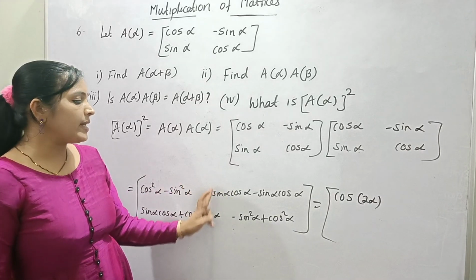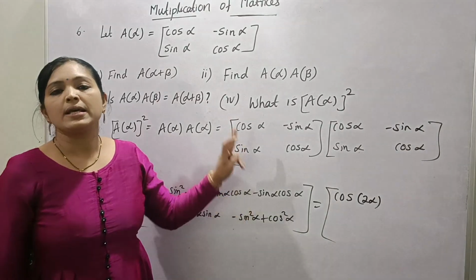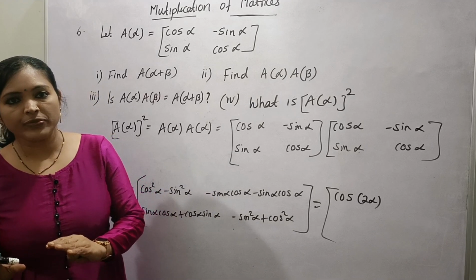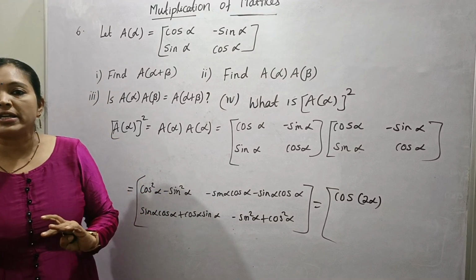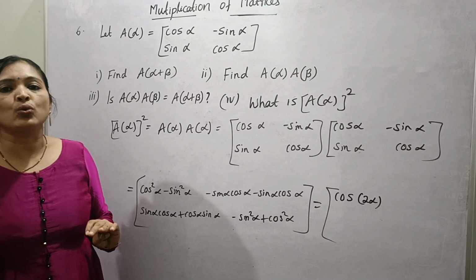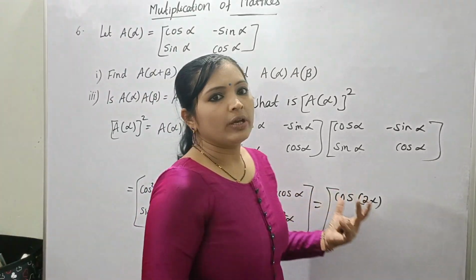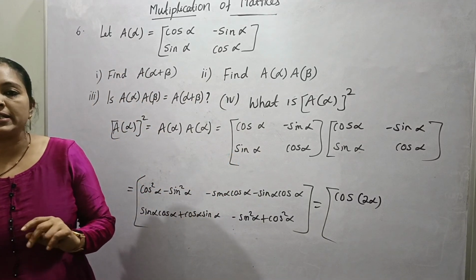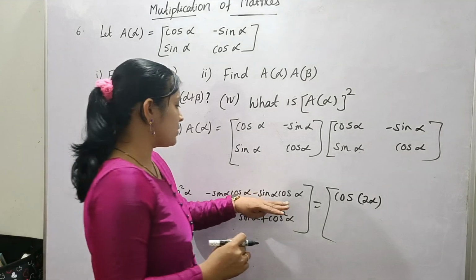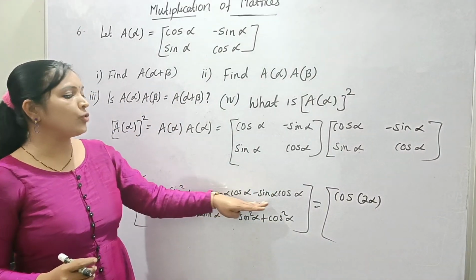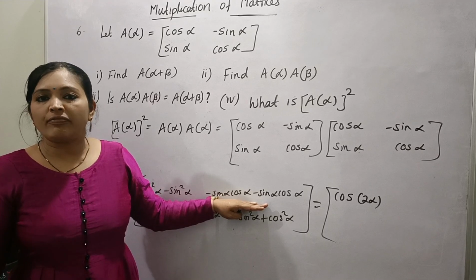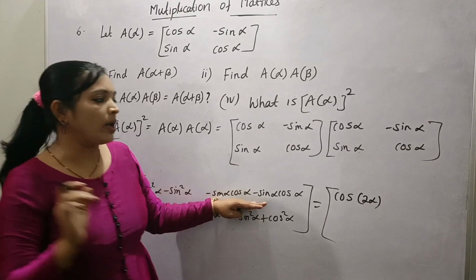Here you will get sin alpha cos alpha plus sin alpha cos alpha, that is 2 sin alpha cos alpha. 2 sin alpha cos alpha is nothing but sin 2 alpha. Okay, that we have applied many times, right? 2 sin theta cos theta is equal to sin 2 theta. So here also take minus outside, so you will get minus of 2 sin alpha cos alpha. 2 sin alpha cos alpha is sin 2 alpha.